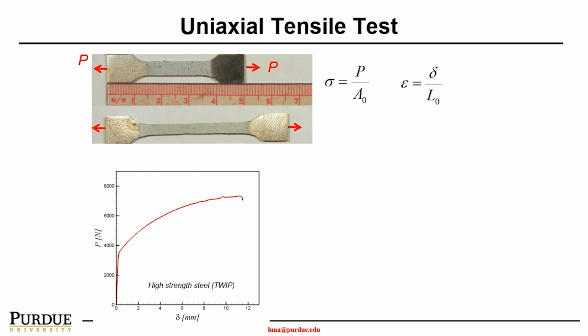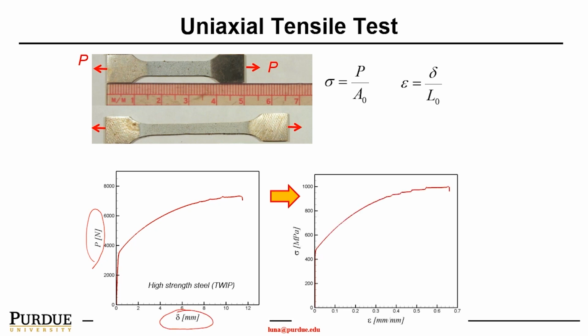You could describe material property as the load versus deformation, or you could describe the material by using the stress over strain curve. As we have shown, both curves have a very similar trend, or relatively identical shape.